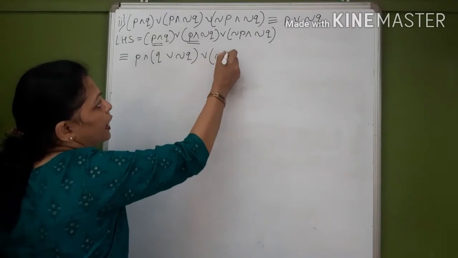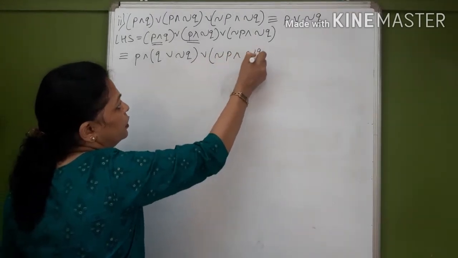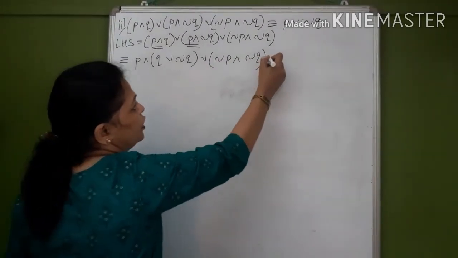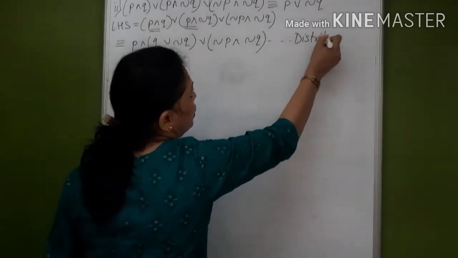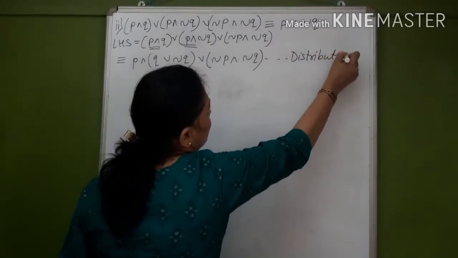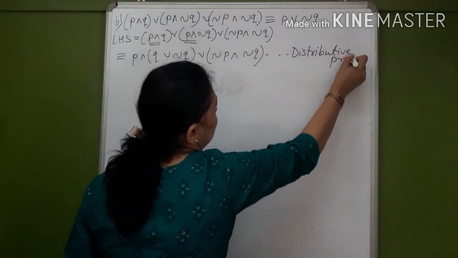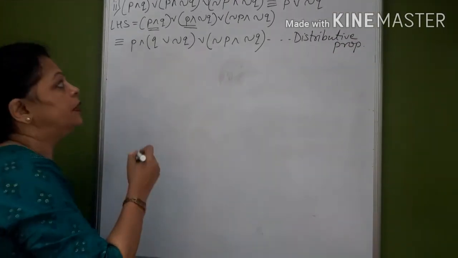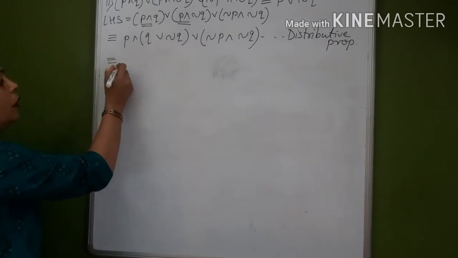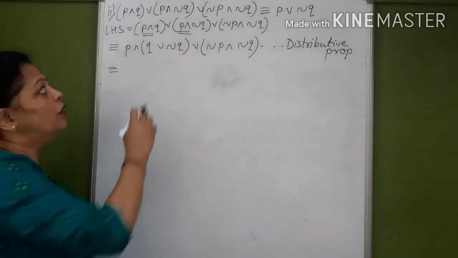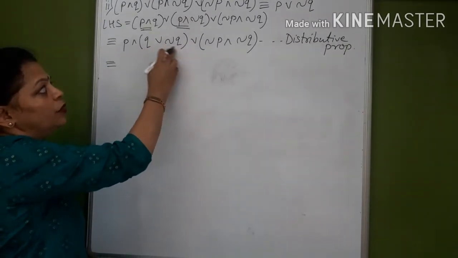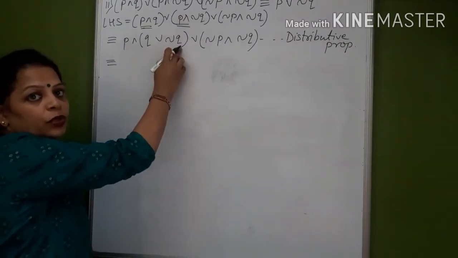Second bracket we will write as it is. This is your distributive property. Fine. Now, what will be Q or negation Q? Q or negation Q will be tautology, true.